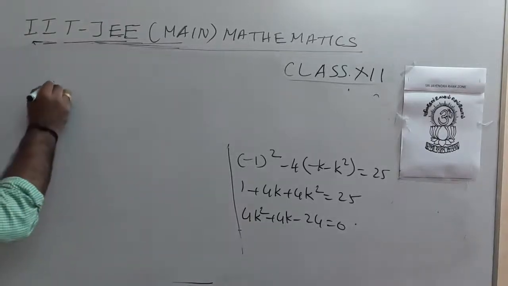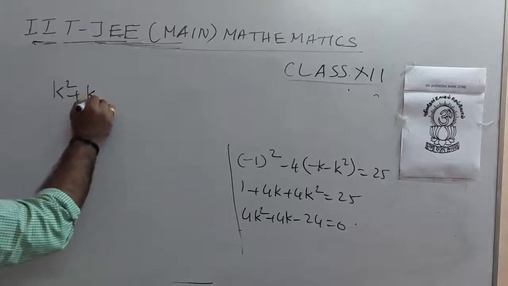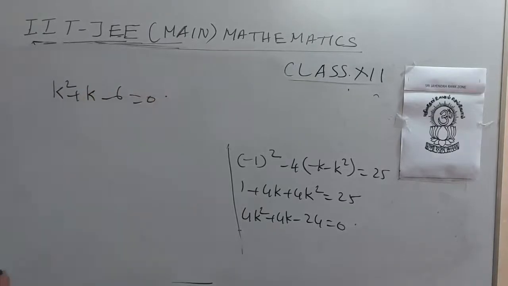Divided by 4, k squared minus 6 equal to 0.